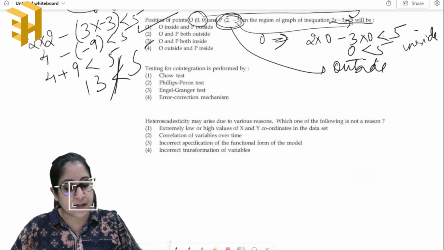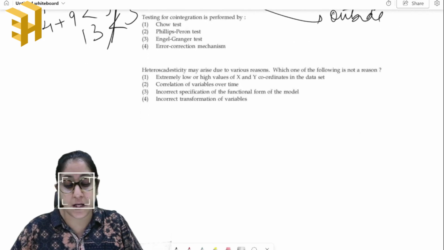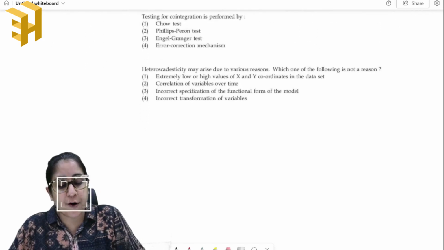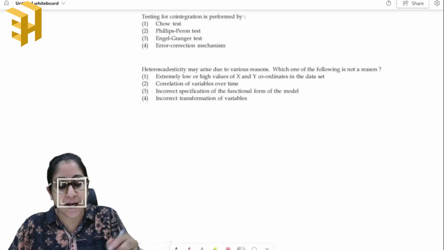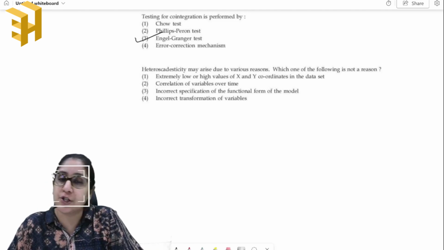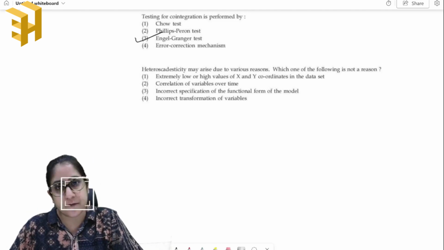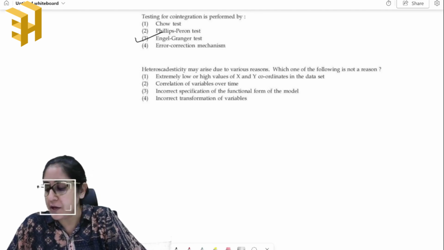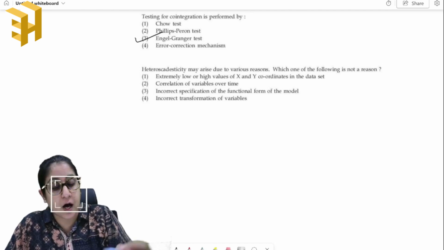Moving on to the next question, and a very important one. Testing for cointegration is performed by the Engle-Granger test, which is one of the most common tests for cointegration, right? But let's see what other tests are used for.